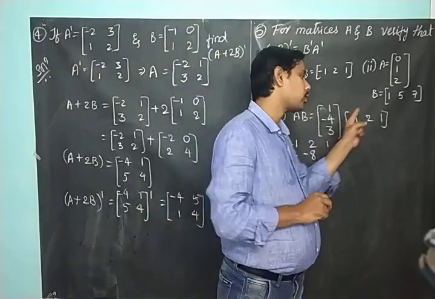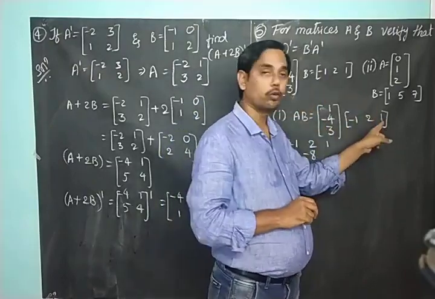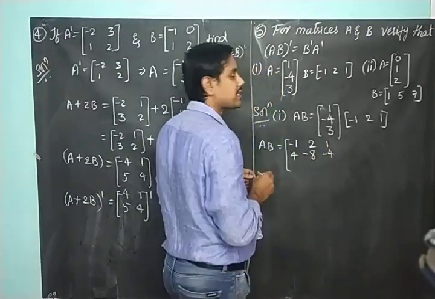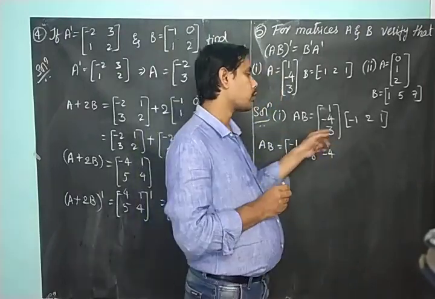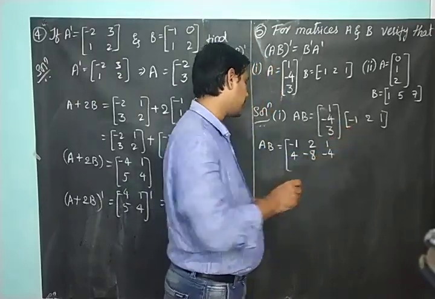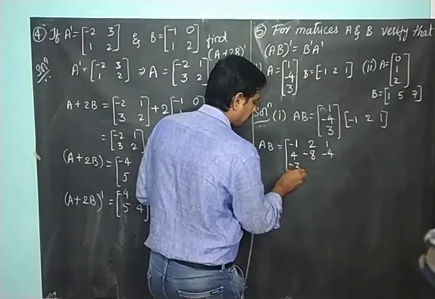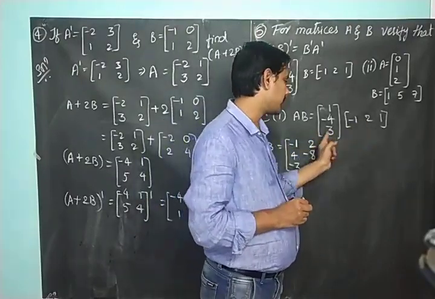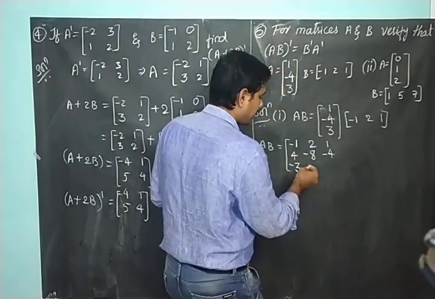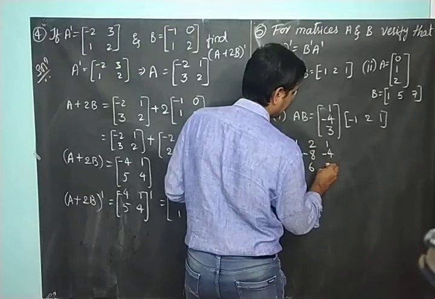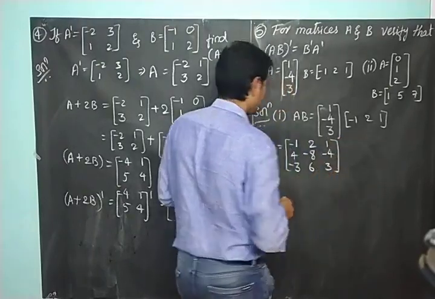Now the second row with the third column, minus 4 into plus 1, that is minus 4. Now the third row with the first, second and third columns. Third row with the first column, 3 into minus 1, minus 3. Third row with the second column, 3 into 2, that will be 6. Third row with the third column, 3 into 1, that is 3.